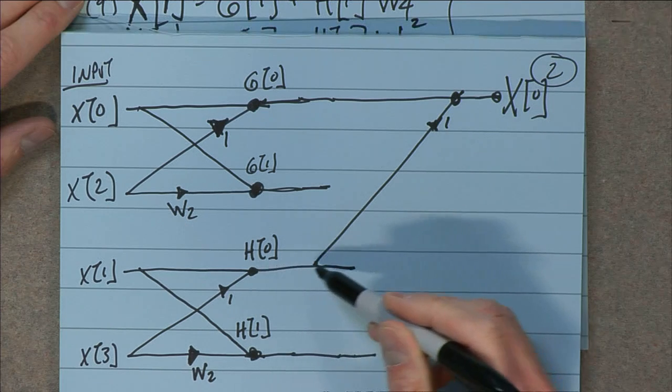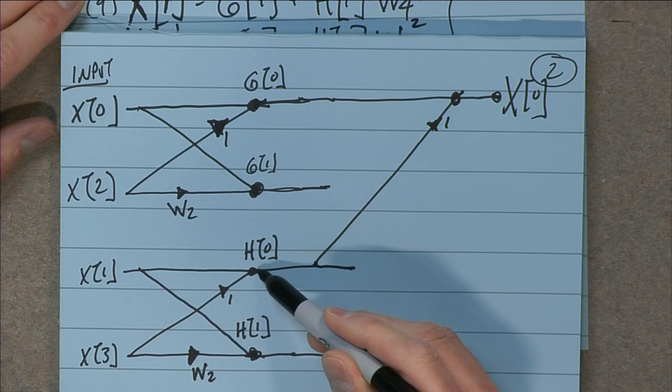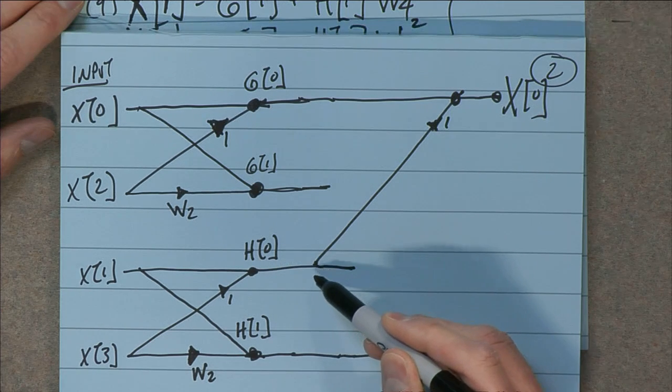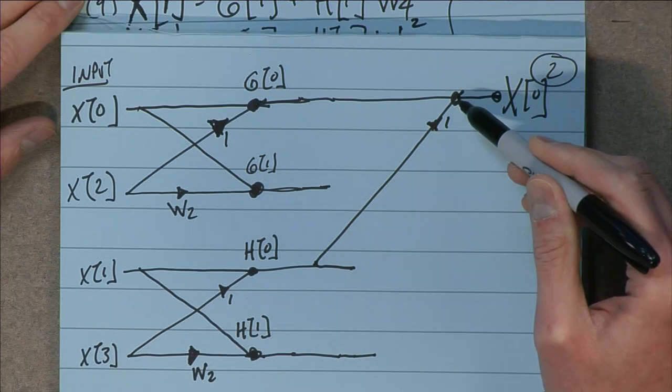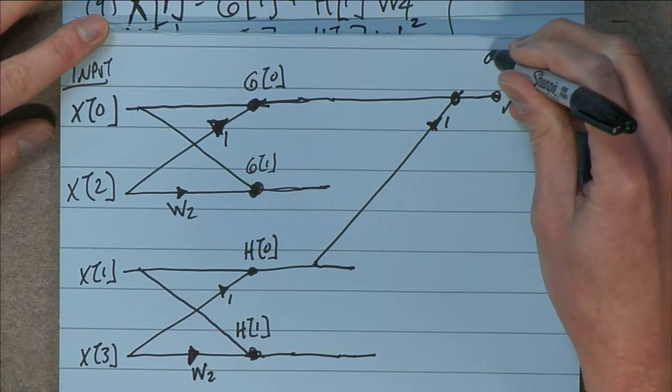This is just breaking off, so this is H0 after we've added X3 to X1. And we're just adding H0 to G0. So it's just branching off and taking the value with it. Is that the same as X of 0? It is not. This is the output.